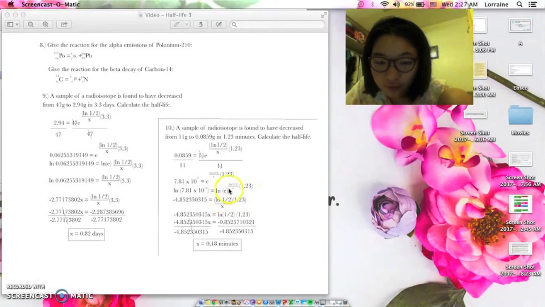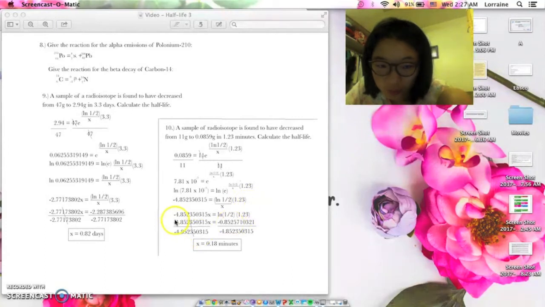Since ln of e is equal to 1, the exponent became like this. In this part of the equation, I solved through the calculator, and the answer is negative 4.852350315. Then that is equal to ln of 1/2 over x times 1.23.